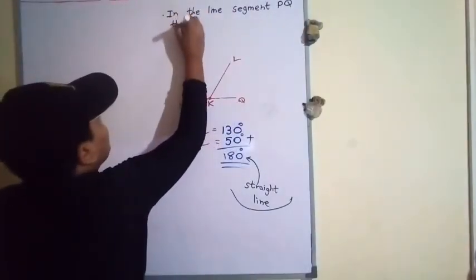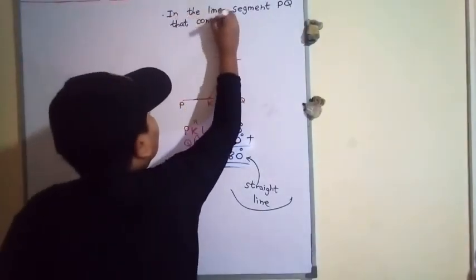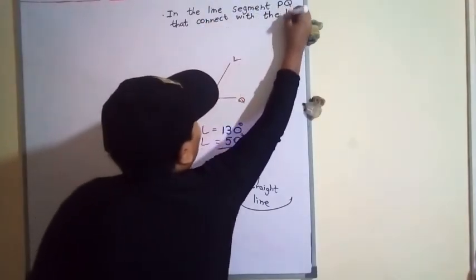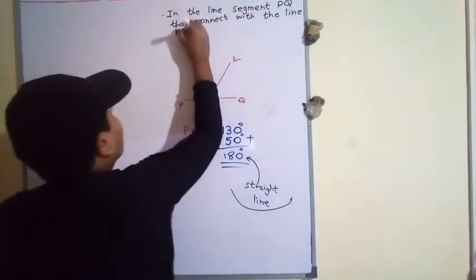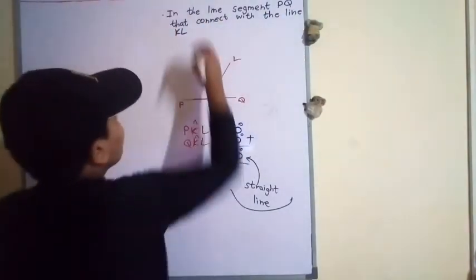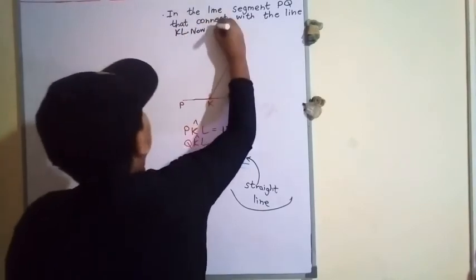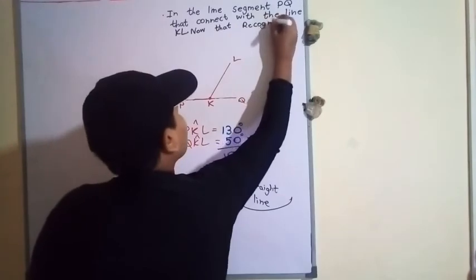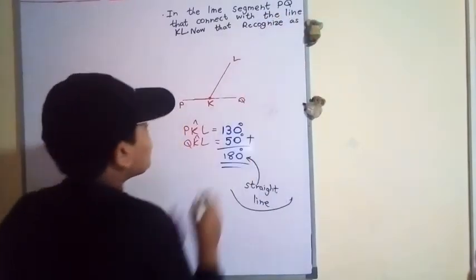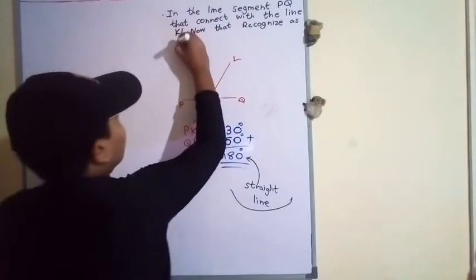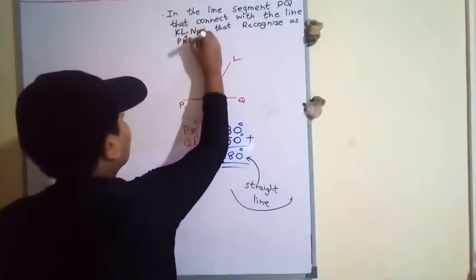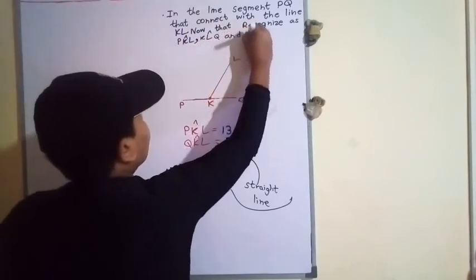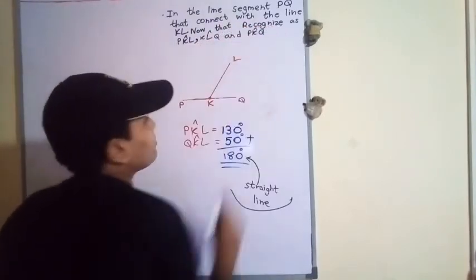that connects with the line KL. Right? Now, that recognizes PKL, KLQ and PKQ.